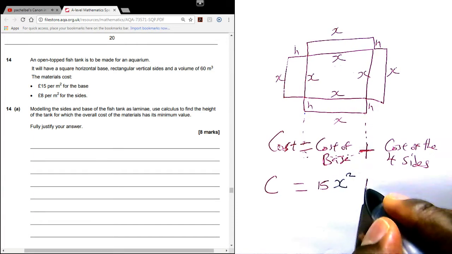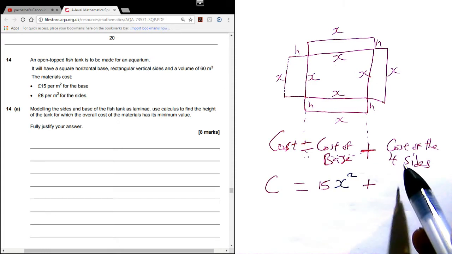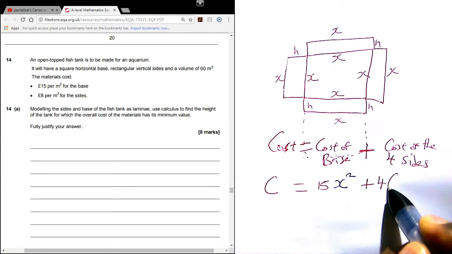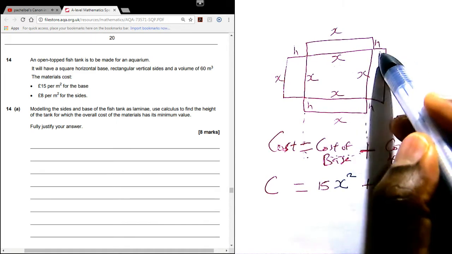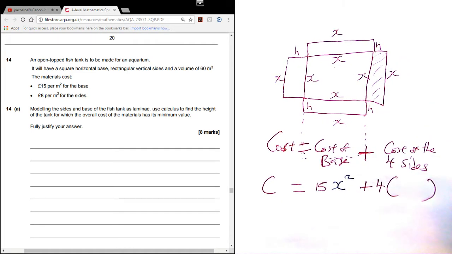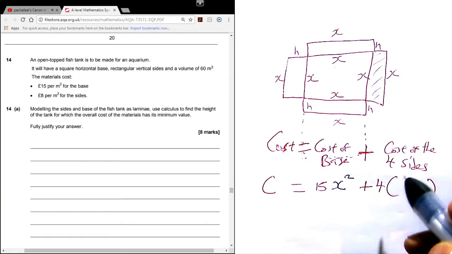Plus the cost of 4 sides. The cost of 4 sides will be 4 times the cost of 1 side. Now, the price of 1 side is £8 for a meter squared. What's the area of 1 side? The area of 1 side is length times width, so that's x times h.